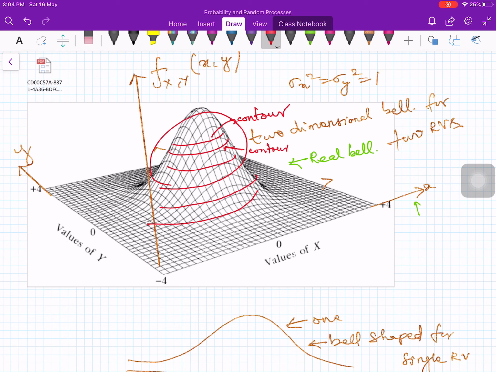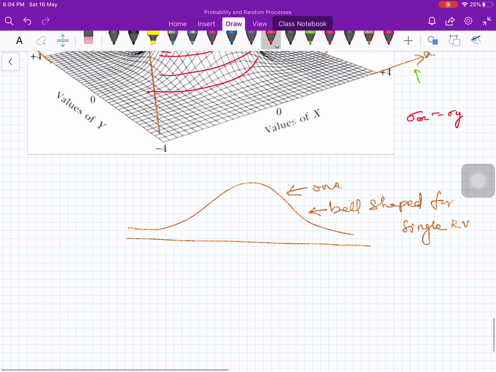So the typical contour would have a circle shape, and it would be an ellipse if sigma x is not equal to sigma y. In this case it will be more like a circle, because sigma x equals sigma y. If sigma x is not equal to sigma y, it won't be symmetric, it won't be a circle, it will be an ellipse.